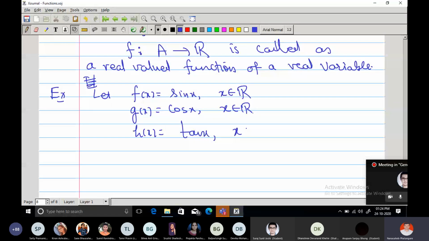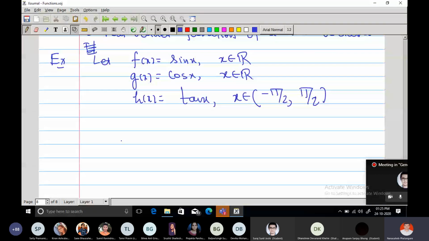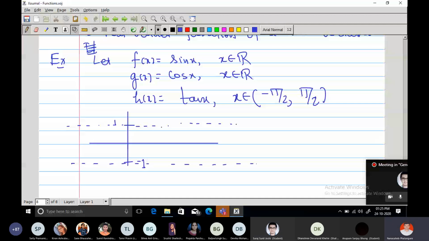Now what are the graphs? You can sketch the graph of sin x. All of you know the graph of sin x: a periodic function between 1 and minus 1. So this is the graph of sin x.